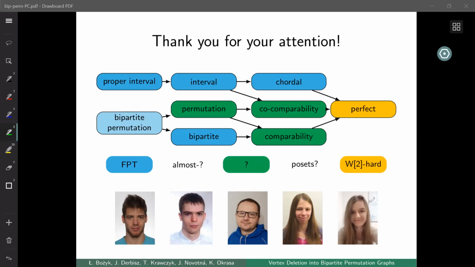But I must check, to be honest. I don't have anything about bipartite chordal graphs in mind right now. But I think this is a very interesting question to be asked here, and it is quite hopeful to get some structure in there as well. As you said, this family of forbidden graphs is really nice to handle. Okay.